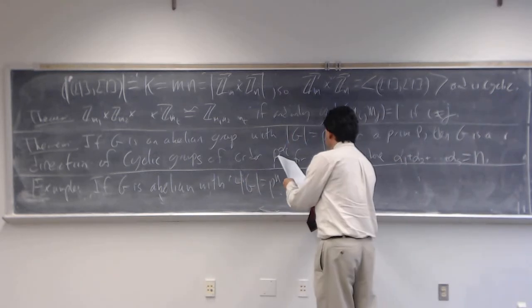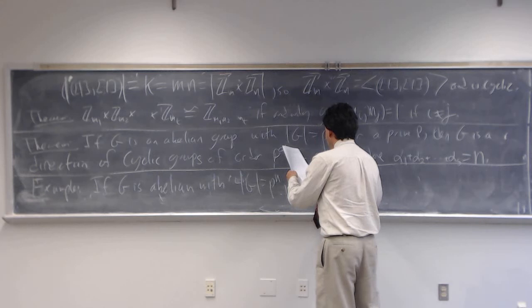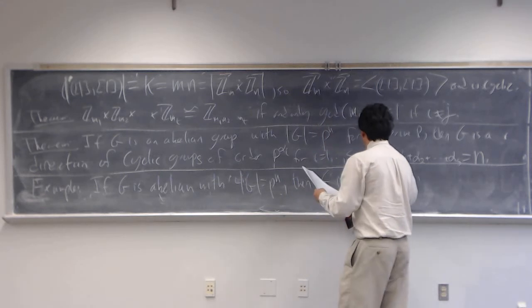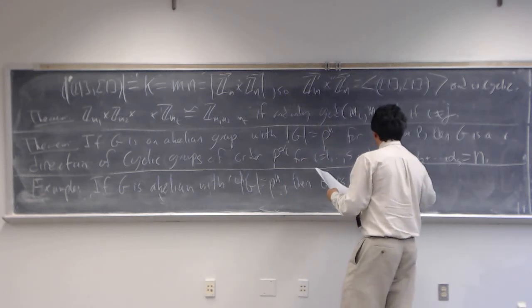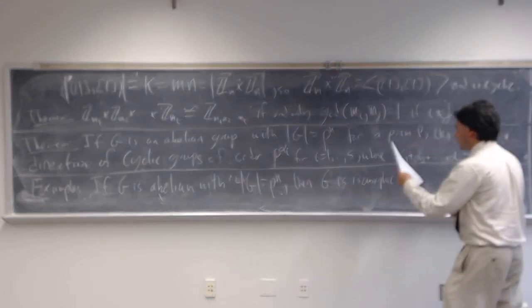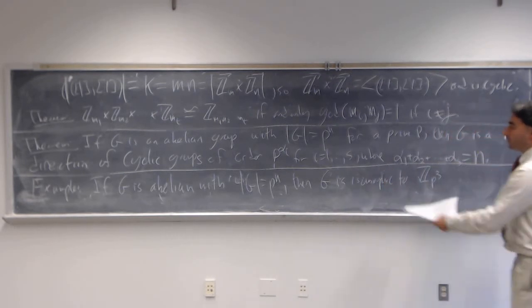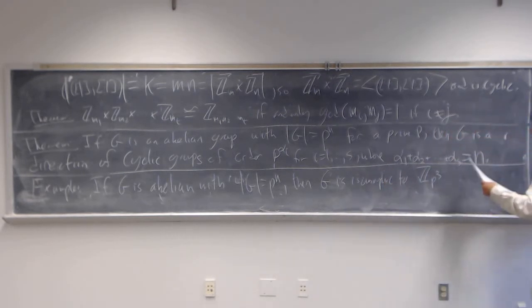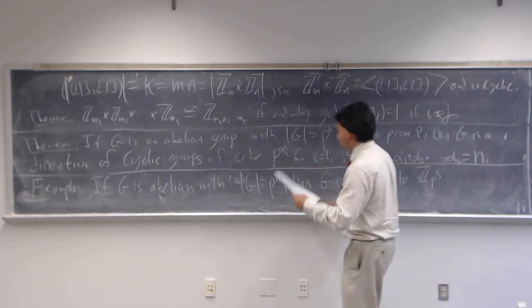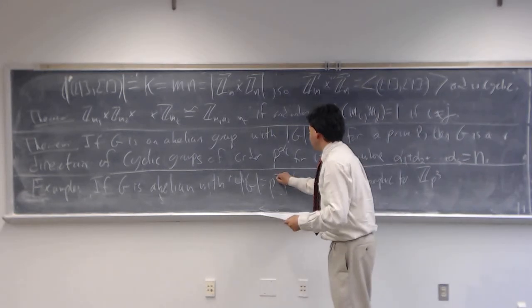So then G is isomorphic to, what are the choices? Well, it could be cyclic. Oh, I want to give a specific example. I'm sorry, going through the notes, this is p cubed.